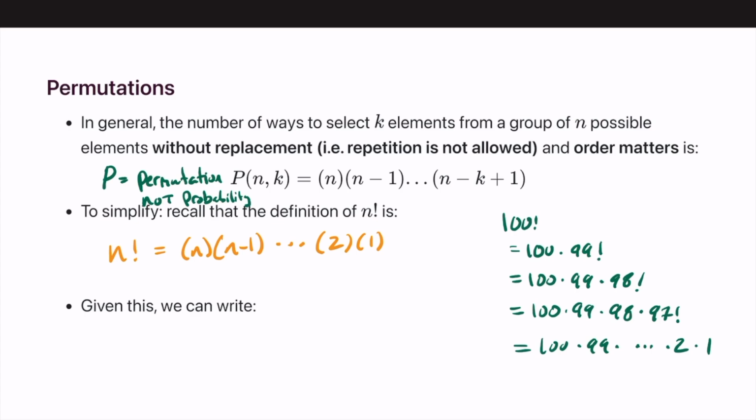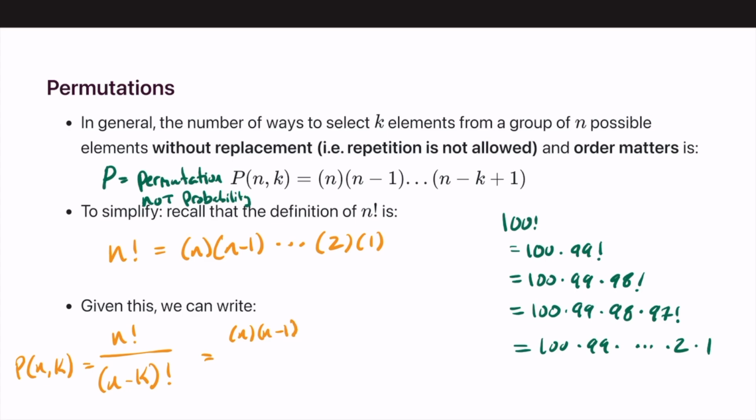Okay, so permutation of n k equals n factorial over n minus k factorial. Now, why is this so? Well, we can rewrite n factorial, and think about what we did over here, as n times n minus 1.